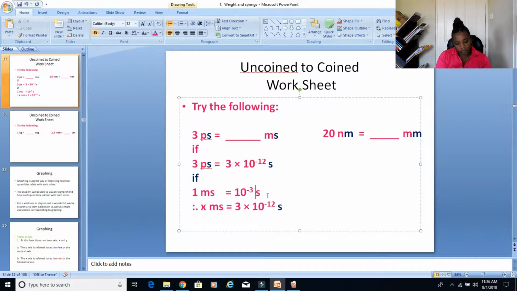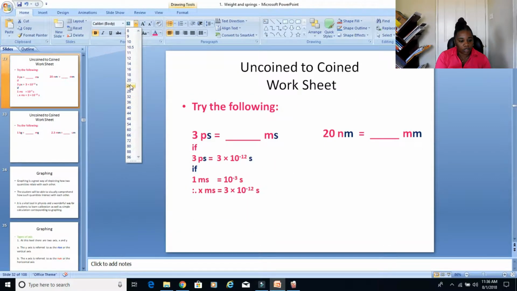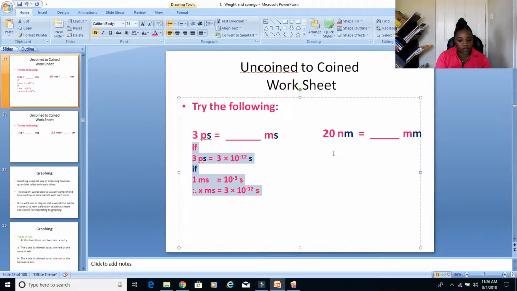So you see that? Okay, so I'm gonna get rid of the blues now because everything is good. And now we're gonna cross multiply. I'm gonna make this font a little smaller so we could fit everything in a decent space. I put this in a whole different text box so that it wouldn't interfere with the movement.